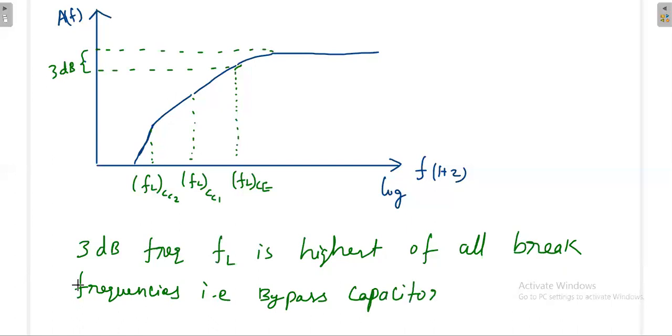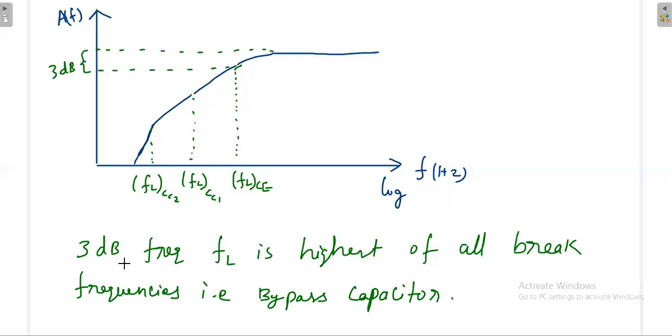Finally, we have concluded what we separately analyzed as the cutoff frequency in low frequency analysis: the cutoff frequency due to coupling capacitor 1, coupling capacitor 2, as well as the emitter bypass capacitor. Even though there are three cutoff frequencies, the one due to the bypass capacitor is important, because most often we will be finding the 3 dB cutoff frequency, and that matches the cutoff frequency due to the emitter bypass capacitor.